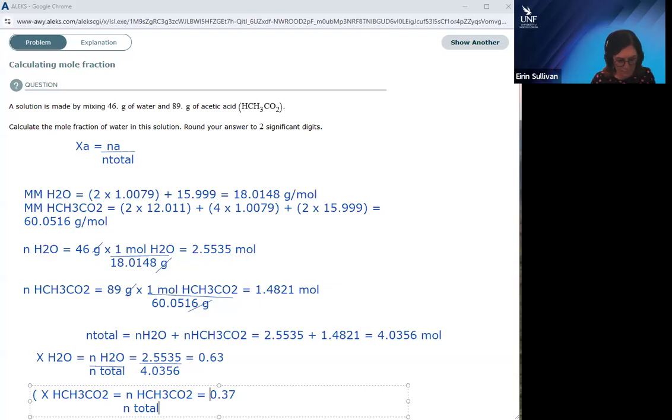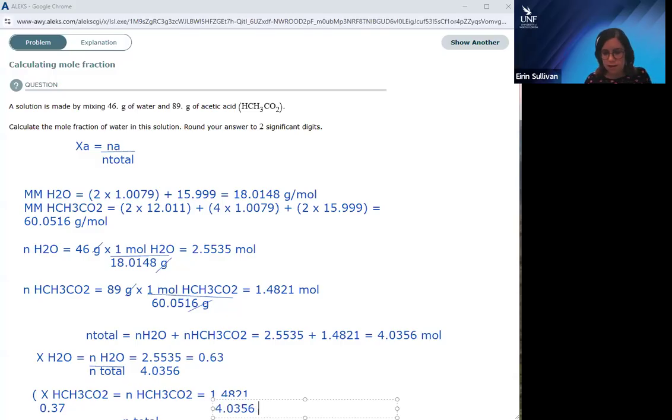So that would be the 1.4821 moles divided by the total number of moles, which is 4.0356. That is going to give me 0.37.